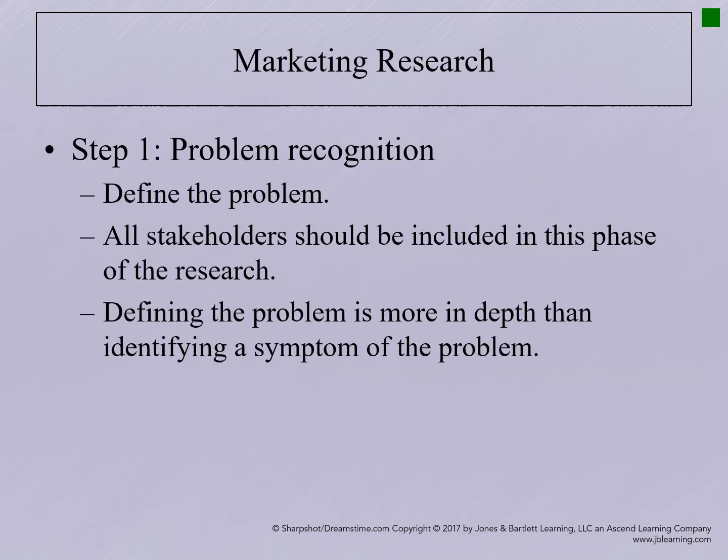So first, defining the problem: who are the stakeholders that'll be involved in this phase? And it's not just a symptom, but you need to be specific. The more specific your problem identification is, the more specific your survey will be, and the better information you will get.